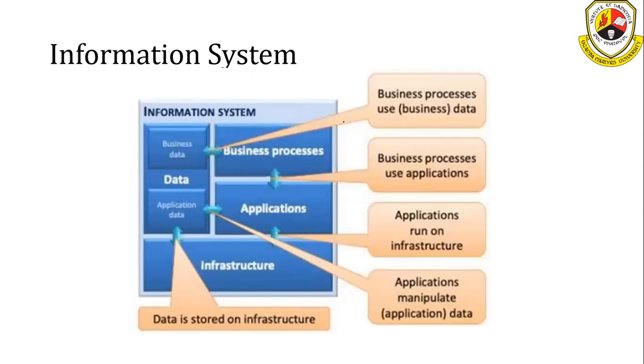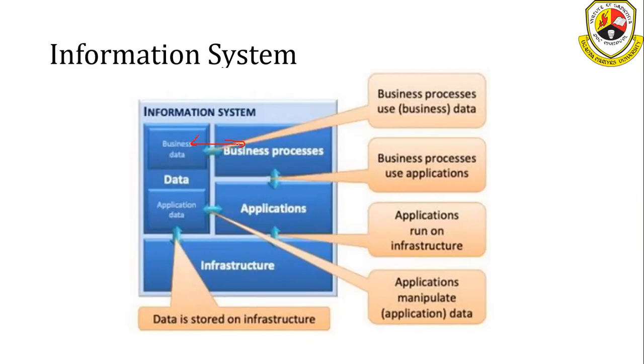So this is the detailed information systems diagram. From the business processes, we use business data. There's particular business data that we select from the business processes. So for example, if you went to the registry department in UMU, there are several business processes that are carried out. And I think there we can identify what kind of business data is selected. What is selected, what is asked for, what may not be asked for. So take an example.